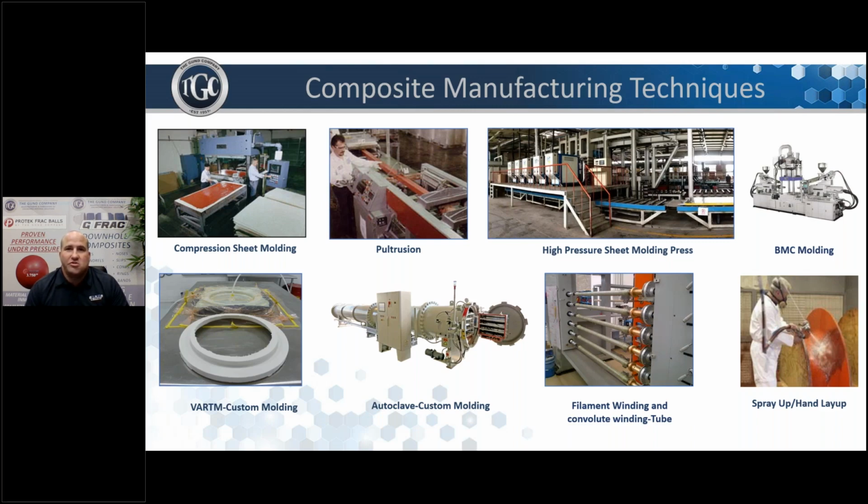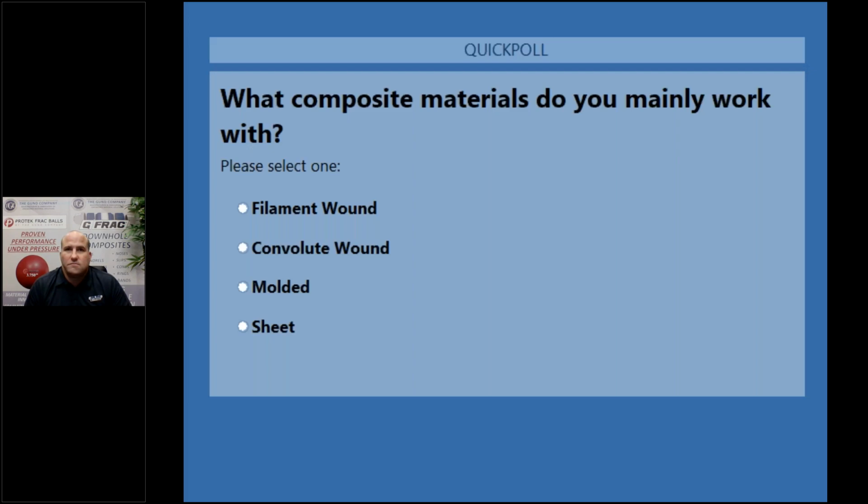I believe the options that will show up in your pane are filament wound, convolute, molded, and sheet. If you would, we're about to launch the poll, so please take the time and vote. Give it about 5 more seconds here.